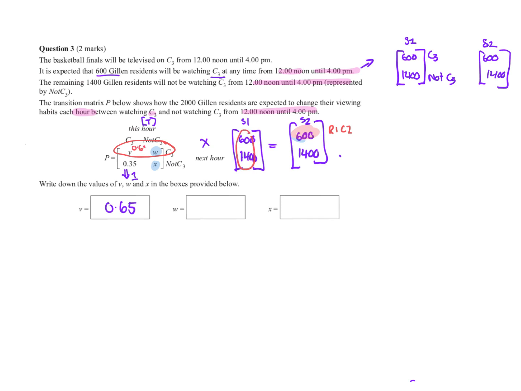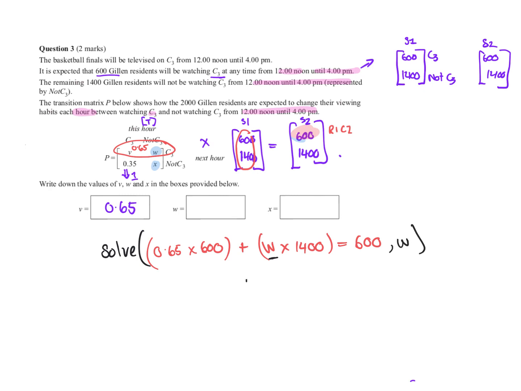Now, we know this is 0.65, so I could say 0.65 times the 600 plus W times the 1400 equals 600. If you look here, we've only got one unknown, so you can pop solve into your calculator, comma W, and we're going to find out what W is. So we get W to be 0.15, and we know now they have to add up to 1, so if W is 0.15, then X must be 0.85.